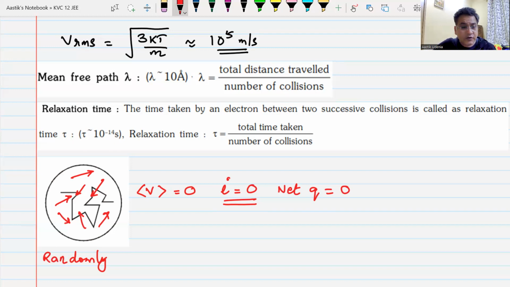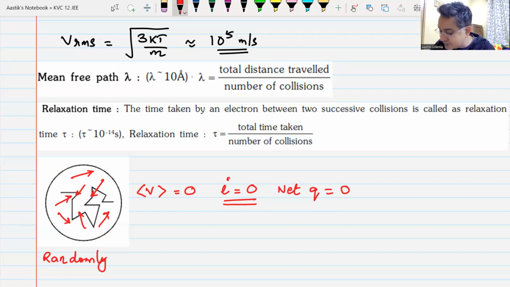Yes, sir. What happens when you connect the conductor with a battery or EMF is applied? What happens when you apply an EMF or battery or potential difference?